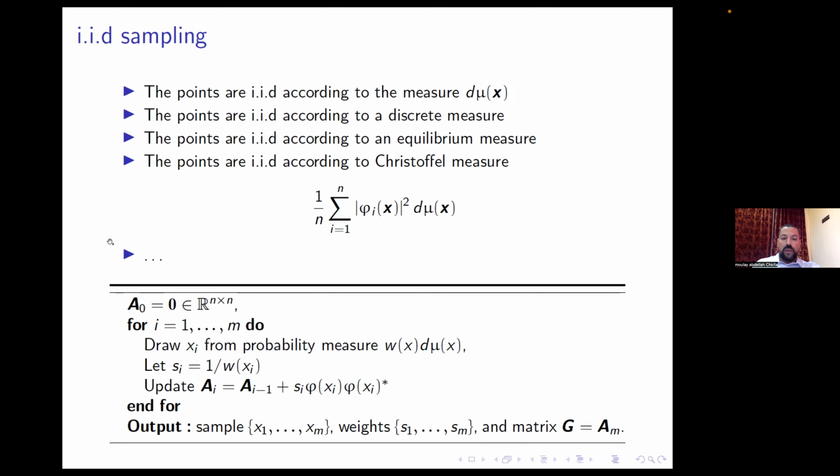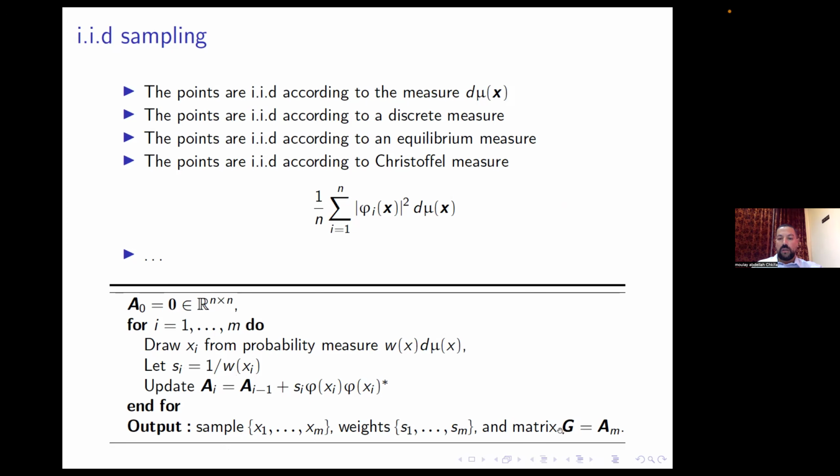We choose the weight, which will always be 1 over the density of the measure with respect to mu, and we update the matrix Ai with the rank 1 update matrices, so that at the end we obtain the sample, the weights, and the Gramian matrix G.